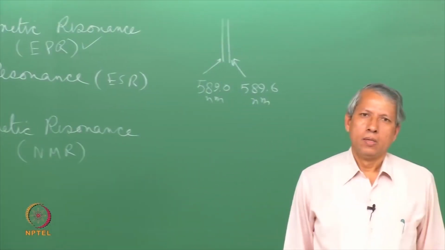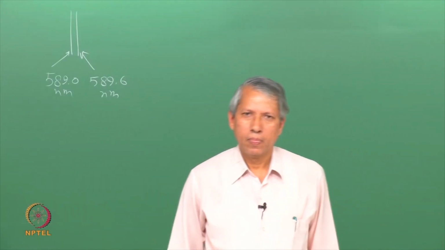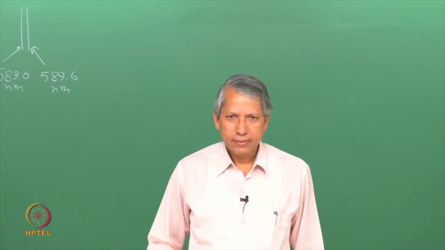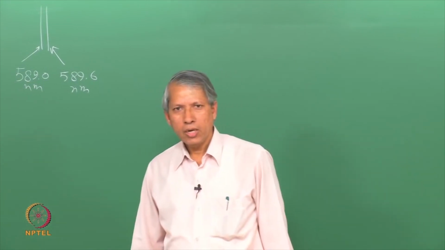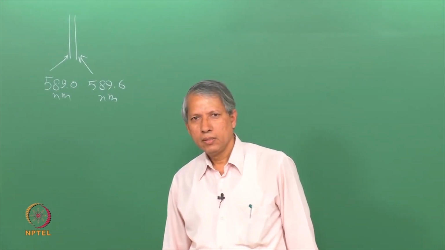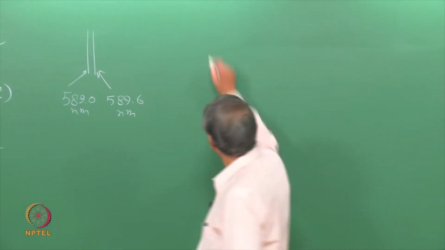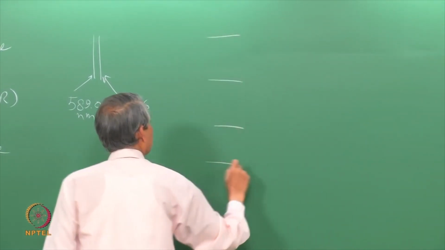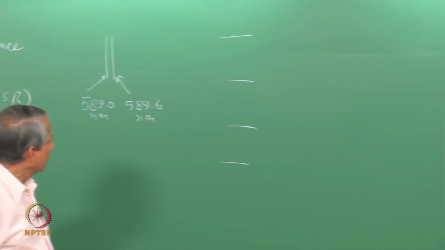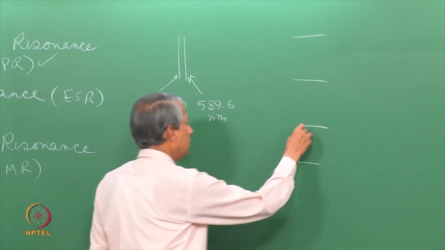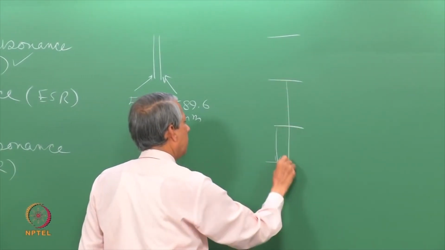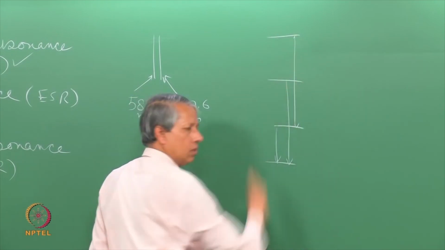By then Bohr's model of hydrogen atom came. There the two revolutionary ideas were that the atoms have discrete energy levels of this kind, and the absorption or emission of radiation takes place because of transition from one discrete level to another discrete level.